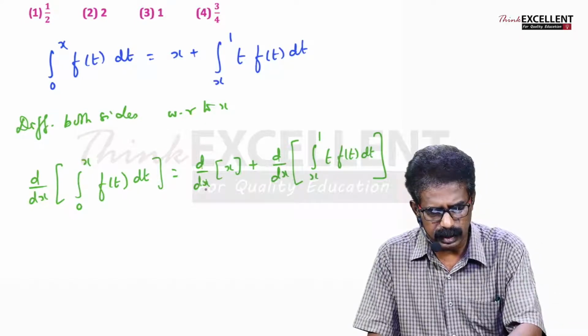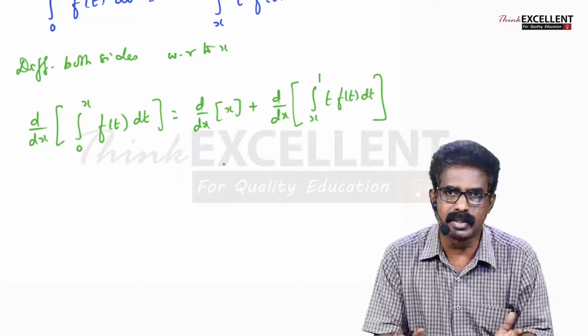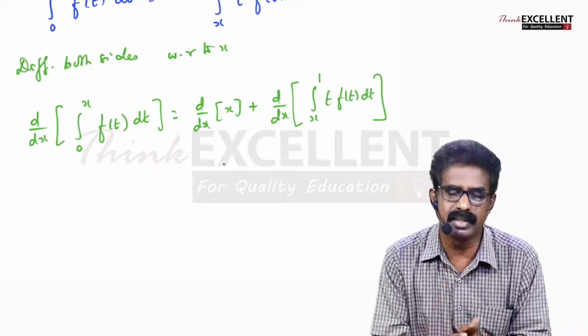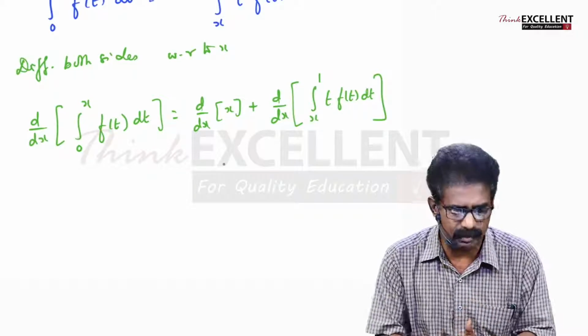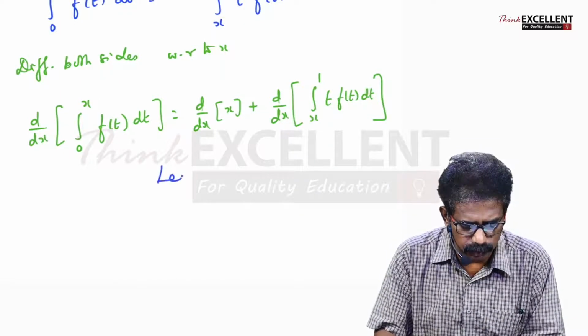So derivative of x is 1. Derivative and integral are inverse operations. But when there is a finite definite integral, you have to be very careful. So here we use a rule called Leibniz rule.